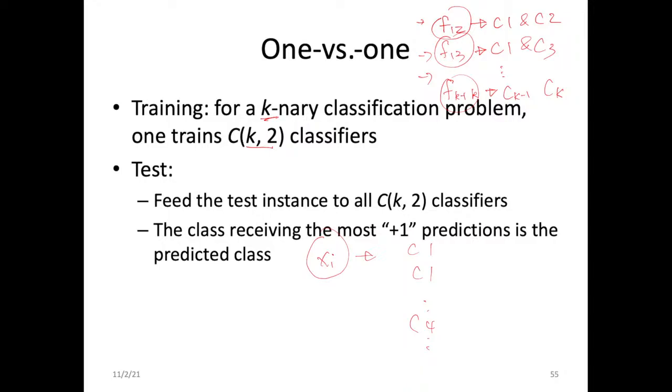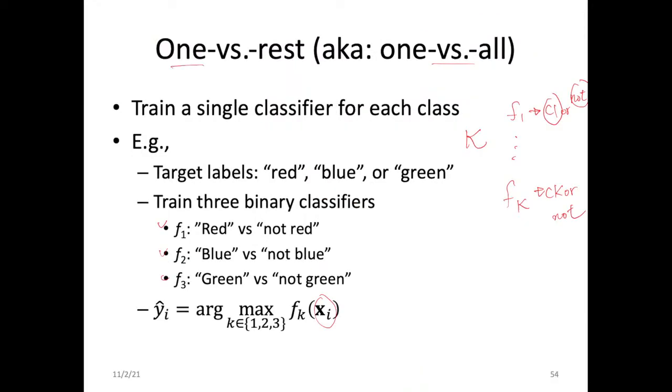The first thing is that if we use the one versus one methodology, we need to build C(k, 2) classifiers, which is roughly order k squared. But if we use one versus rest, we only need to build k classifiers. So from this point of view, it seems that one versus rest is more efficient.